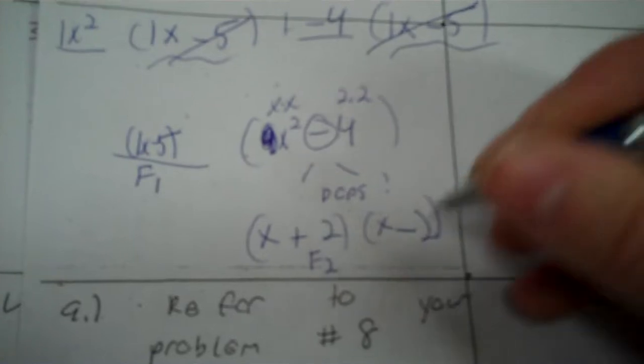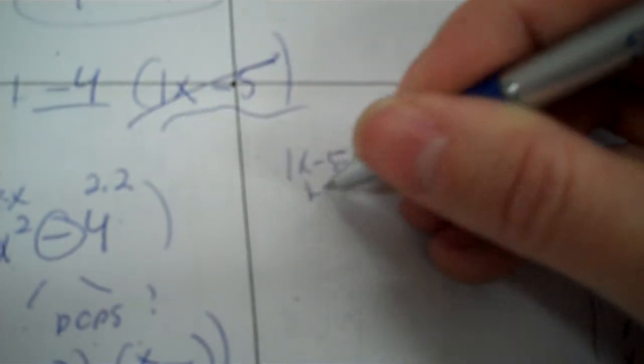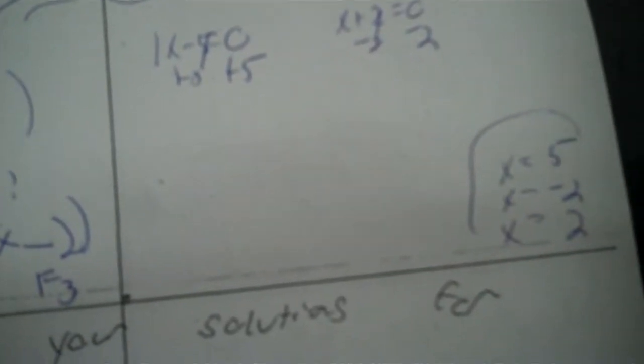That's F2 and F3. Okay, so 1x minus 5 equals 0, and that's 5. x plus 2 equals 0, so it's going to give you negative 2, and then the other one's going to be positive 2. Now sometimes the real rational roots do have pairs, but they don't always, because like that 5 didn't have a pair, the 2's did, but the 5's didn't.